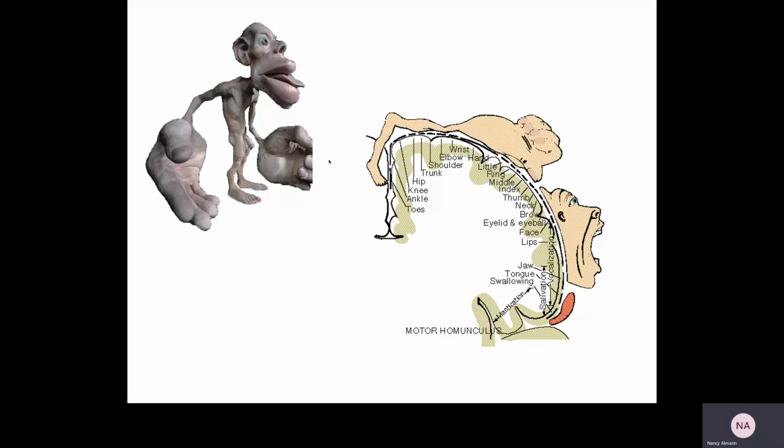So you can see that a much larger amount is going to be associated with the face, particularly the mouth and the eyes, and the hand and the fingers relative to the torso and the feet and legs. So you have more processing power because there's more processing area associated with those particular parts of the body.